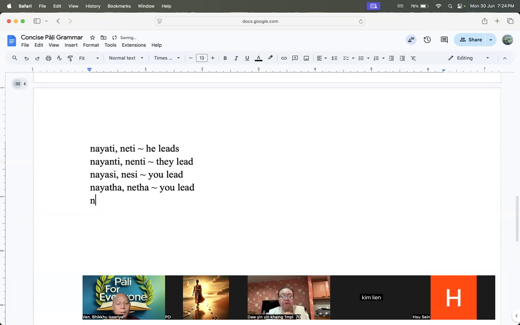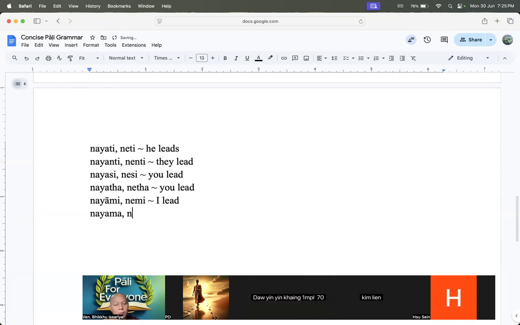And then nayami or nemi, I lead. And then nayama or nema. So we lead. So in this way, see? This aya is reduced as e. Reducing as e in this way can be.